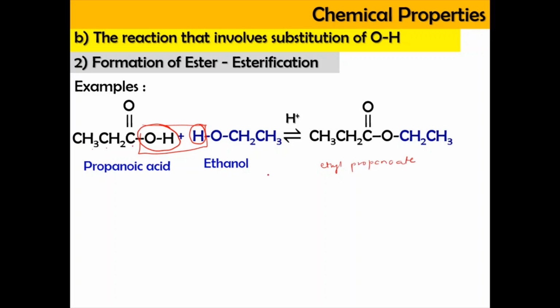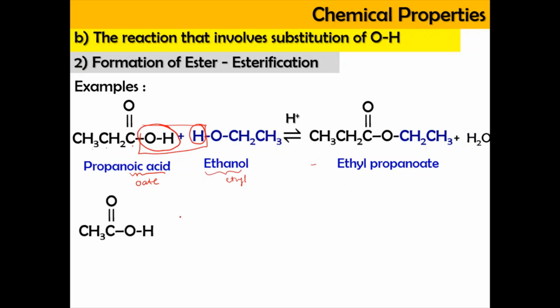Okay, and remember, do the naming from the alcohol first, which is ethanol becoming ethyl, and for the carboxylic part, you change the oic acid into oate, so it's going to be ethyl propanoate. Okay, and the byproduct here is going to be water.